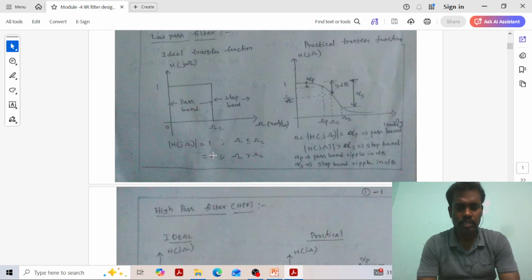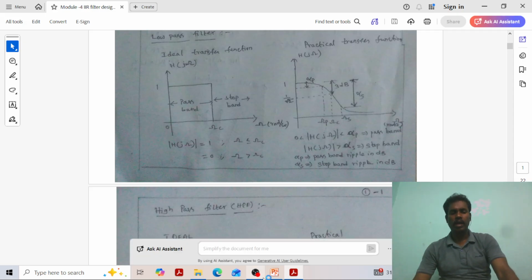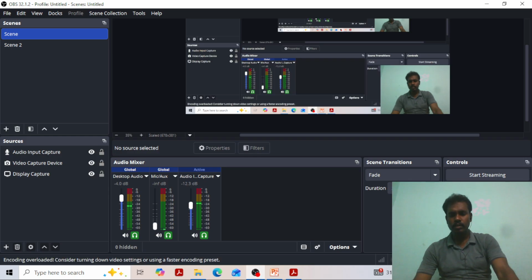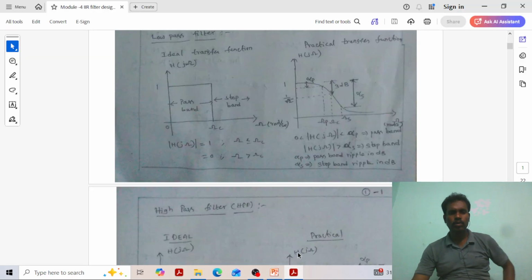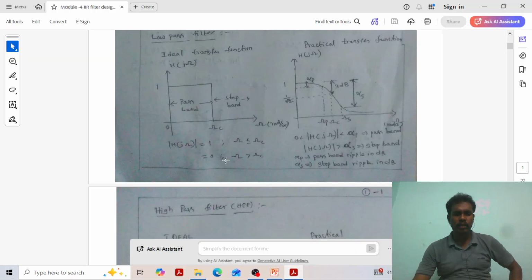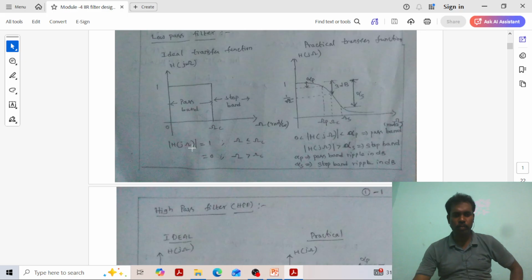So it is the stop band. Mathematically we can represent this as magnitude of H of e power j omega equal to 1 for omega less than or equal to omega c, and 0 for omega greater than omega c.